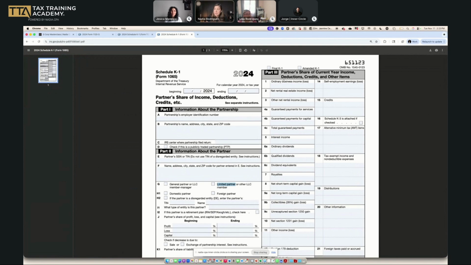But then the limited partners, if they're active, the IRS is going to say, you're actively working. You need to pay self-employment tax. No matter if this is marked and your partnership agreement says that you're limited, at the end, you are active in this partnership. And so sometimes we can't rely solely on whether they've checked the box for limited partner. If they're active, they're going to be subject to self-employment tax.